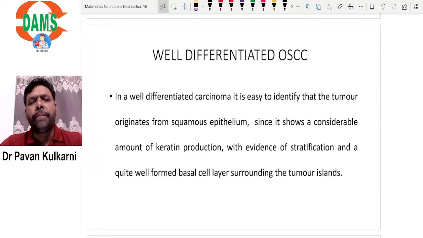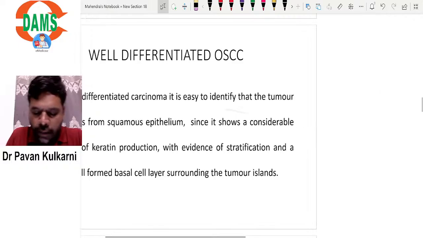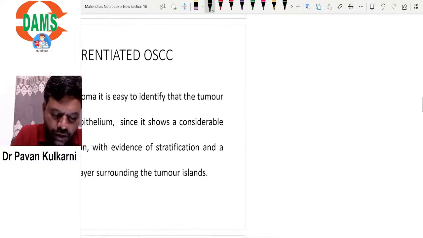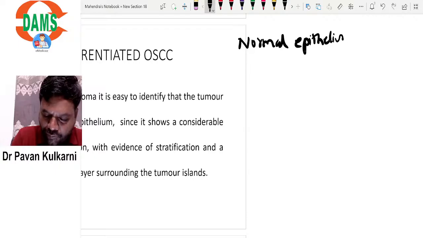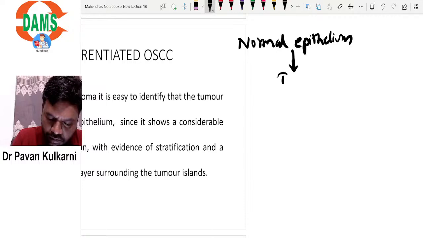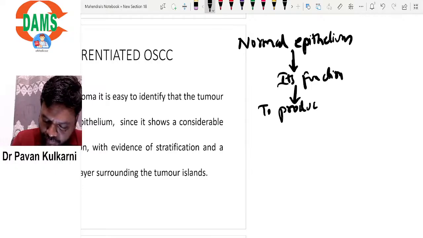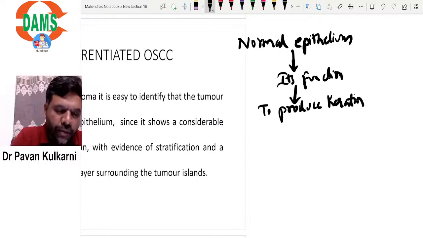The normal epithelium's basic function is to produce keratin. Its function is to produce keratin.